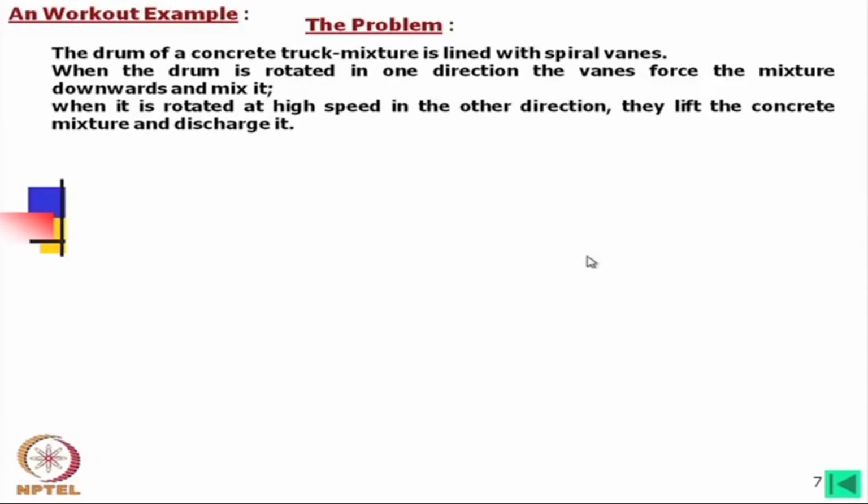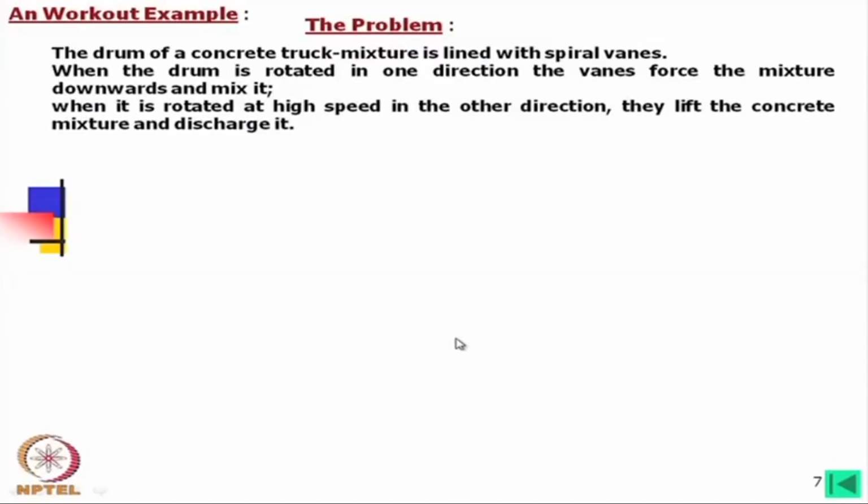Now, for unloading, it is rotated at high speed in the other direction. They lift the concrete mixture and discharge it. It is like that, at one place it is being mixed, then it is being carried, and then it is being mixed, going up and down. Detailed arrangement I cannot explain here, but it is like that.